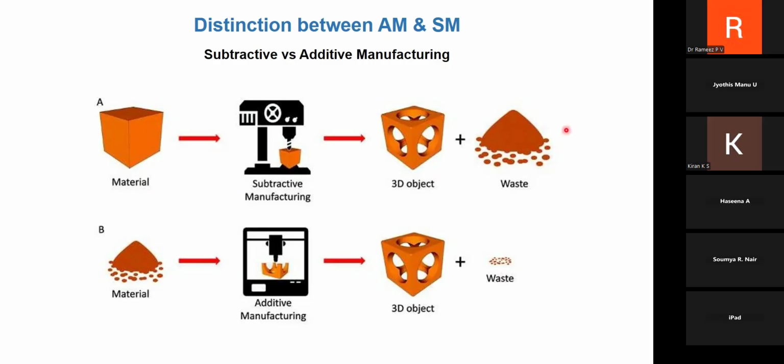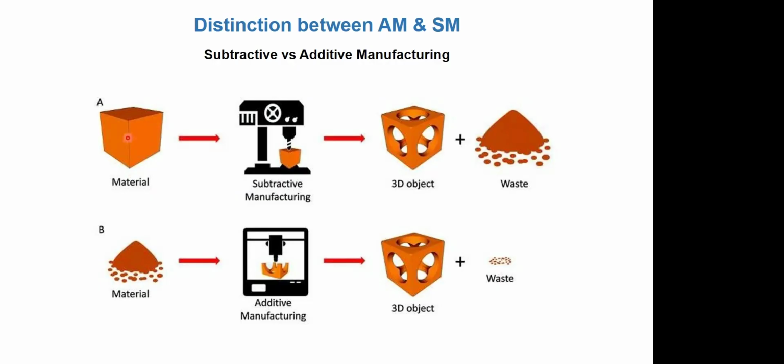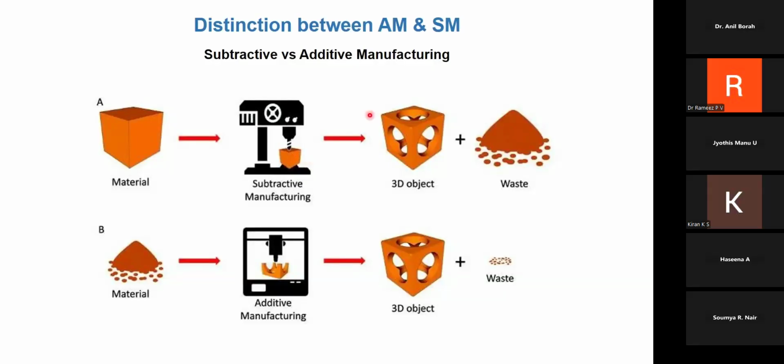In subtractive manufacturing, conventional machining, you have to give the feedstock material in raw form. It may be prismatic or cylindrical. Then you have to feed this raw material to the machine. What the machine will do is, based on the drawing which is given to the turner or the machine operator, he will remove the unwanted material, right?